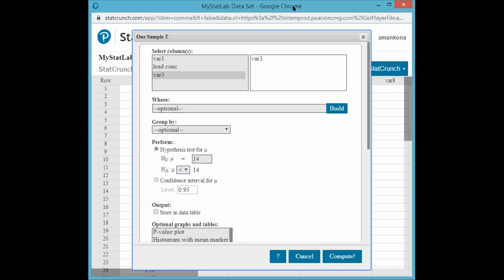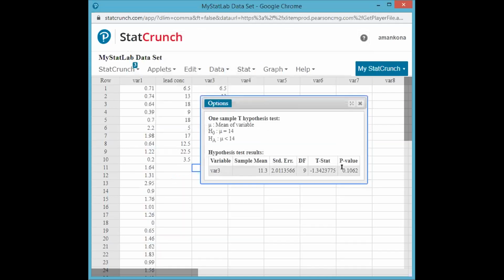Once we have that, we say compute. When we compute, my p-value is 0.1062, and the test statistic is negative 1.34.